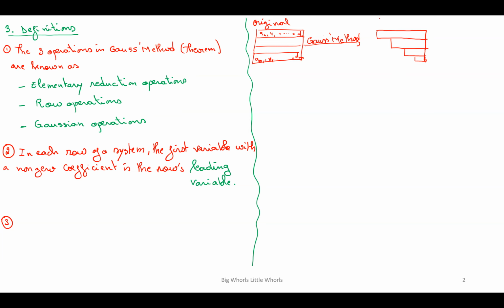As you can see, this is our echelon form. It's like you are going from one step to another, so it has the concept of a hierarchy. When we say echelon form, you must have this picture in mind.